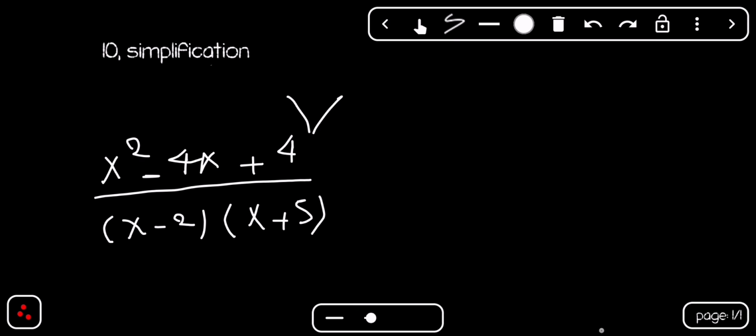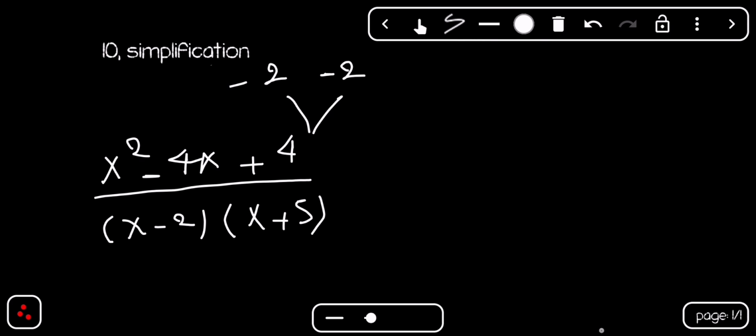Here I choose 2 and 2. If you multiply 2 and 2 it will give us 4. But the issue is that if we add them, 2 plus 2 gives positive 4 and not minus 4. And what's the solution? The solution is just putting minus here and minus here.